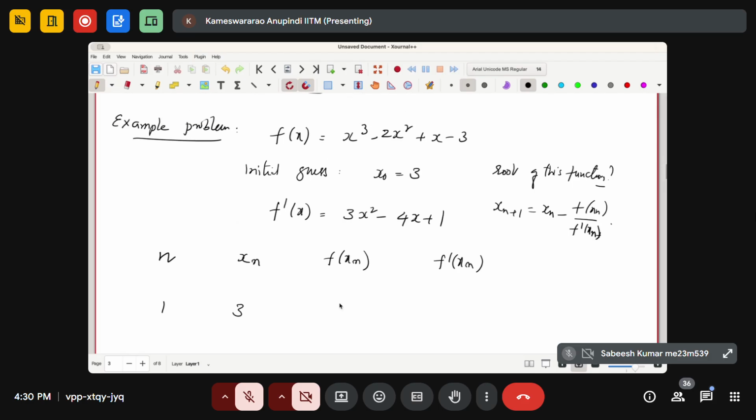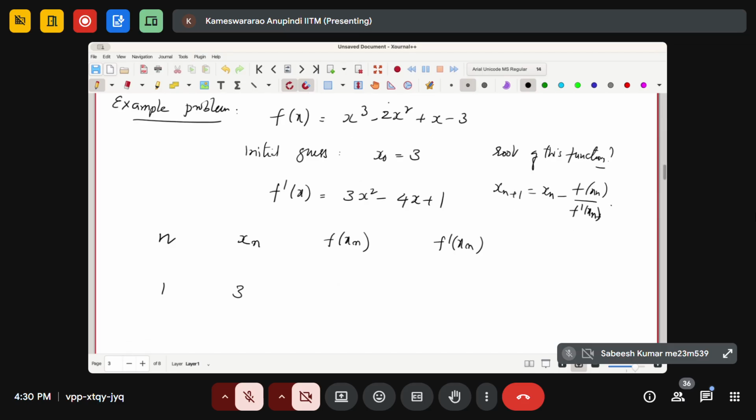I need you to use a calculator and tell me these values. f of xn is 3 cubed, 27, minus 18 plus 3 minus 3, so 27 minus 18 is 9. Then f prime xn is 3 squared, 27, minus 27 plus 1, 28, minus 12, that is 15. Okay, 16. 28 minus 12, this is 16.